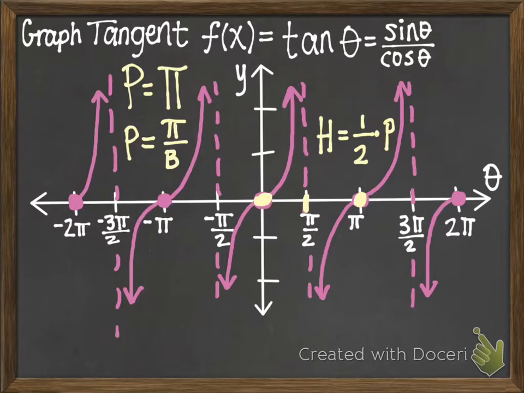Now, could you go about doing this the exact same way as sine and cosine and do 2 pi over b, break it into quarters, and just graph 2 cycles? Yes. The problem with that is later on, there are questions about the periodic behavior of tangent. If you think that a period of tangent is 2 pi, you're going to get the wrong answer.